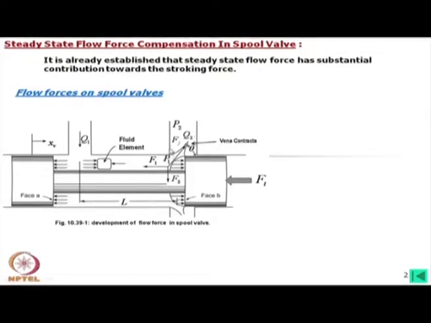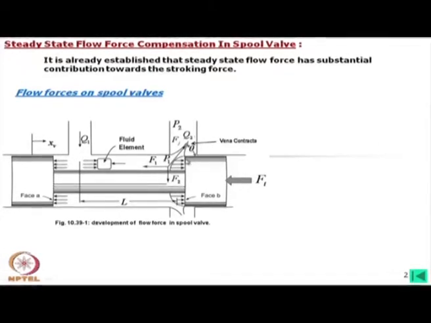This means that there is a groove here, and so if we consider, the length of this orifice will be pi into this diameter, and the width is the opening, which is x v.